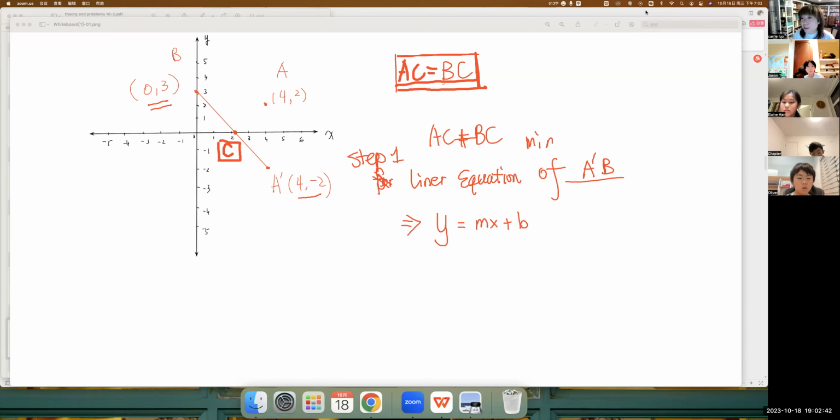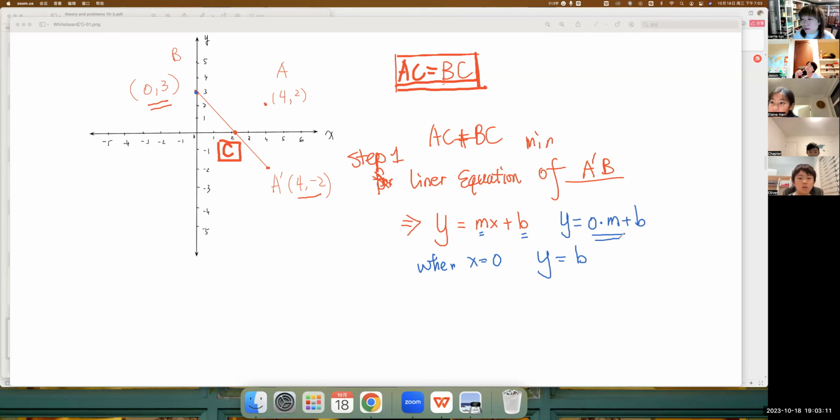I want everybody to write this down. If you forgot, you can just write it down. Now we just want to find what is m and what is b. b is very easy. When x equals 0, y equals b. You can see y equals 0 times m plus b.